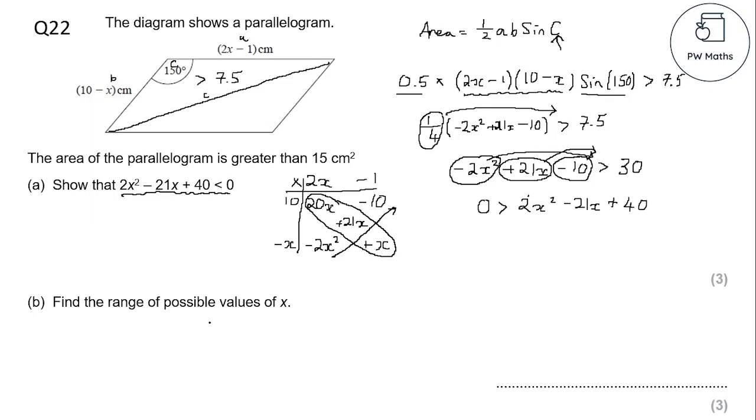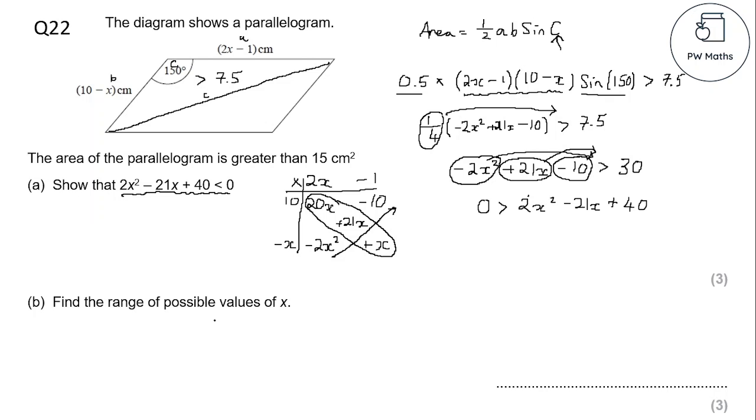Well, a nice 3 marker. Grab the calculator, menu B. It says inequalities. So you go across to menu B. It asks for polynomial degree. We want to choose 2.